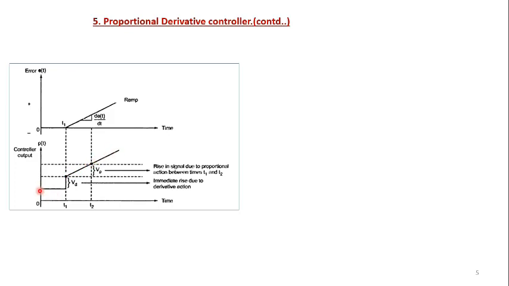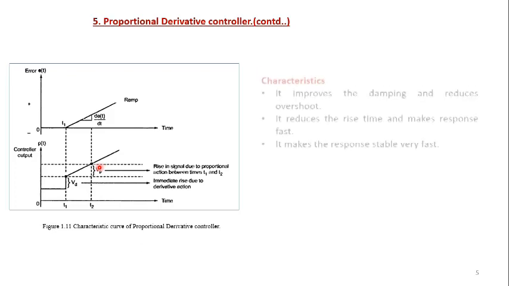The characteristic is that there is a step, which immediately rises due to derivative action, and next, with the proportional action, it keeps rising. This is the characteristic curve of a PD type of controller.